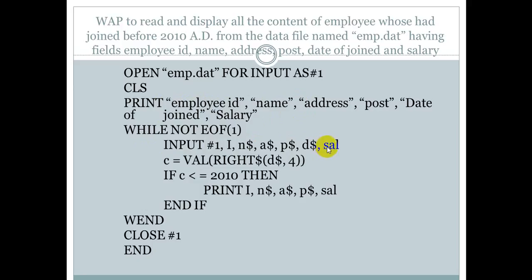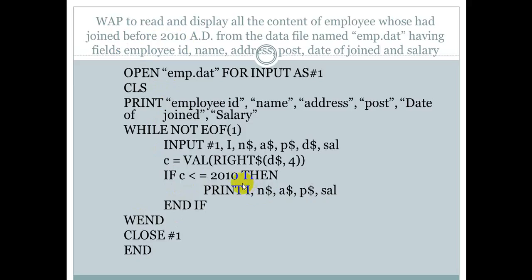Now we should extract the year from the date of join. From the right side 4 characters we have to extract, and this VAL function will convert string data into a number, and that data will be stored in the C variable. If C is less than 2010, that means the year is before 2010, then we should display the content and we should close the file. If the question is asking for joined after 2010, then the condition should be greater than or equal to 2010.